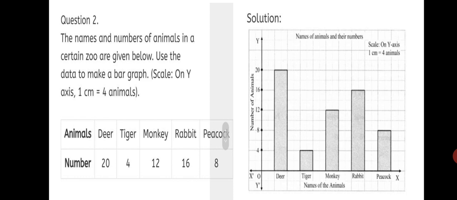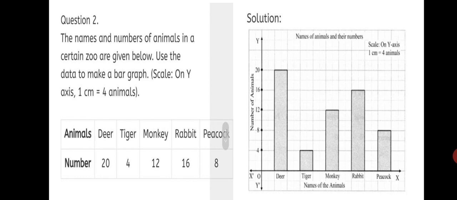Monkeys 12. So go till the number 12. Okay, exactly above the word monkey where you have written on x-axis monkey, go up till it matches the number 12 to its left on y-axis.